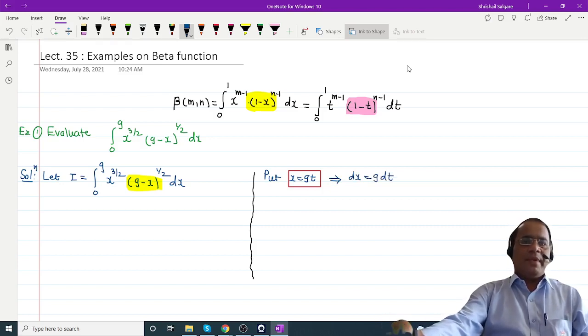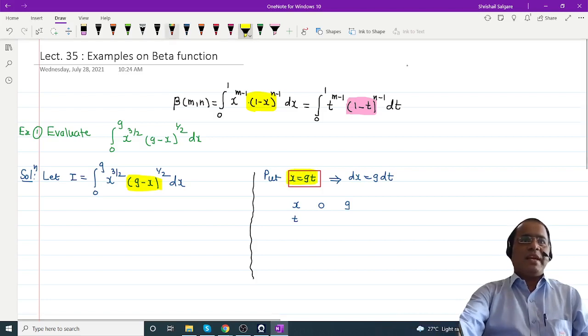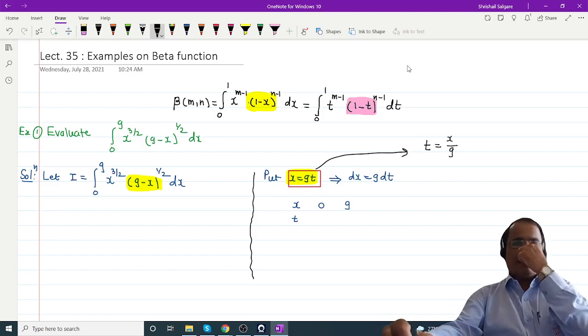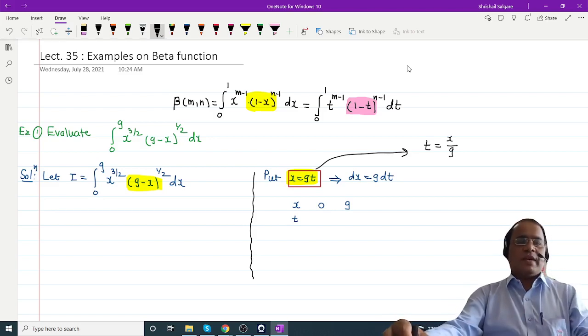Now the given limits for x are 0 and 9. Now the new limits for t. So this is your substitution. In this substitution, the same expression if required, I will write t is equal to x by 9. So if you substitute x is equal to 0, what is t? Shivani, you tell.